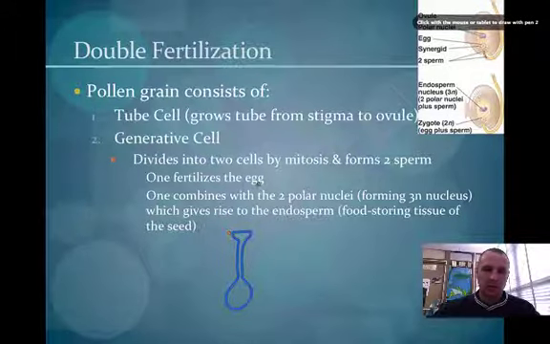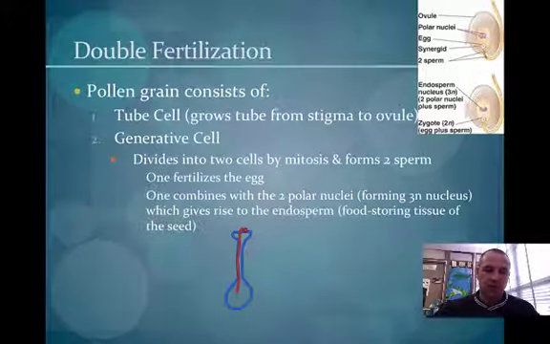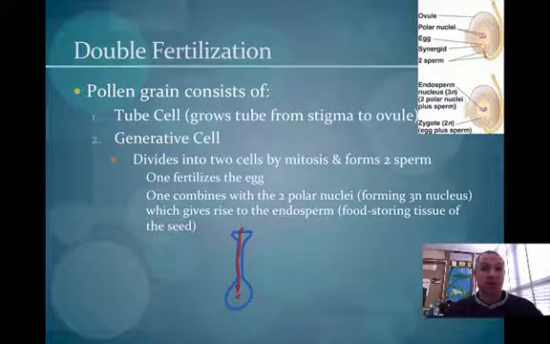Well, when the tube cell lands here, it is going to grow the shoot all the way from the top of the stigma down to the ovule so that sexual reproduction can occur. The second part of a pollen grain is going to be a generative cell.